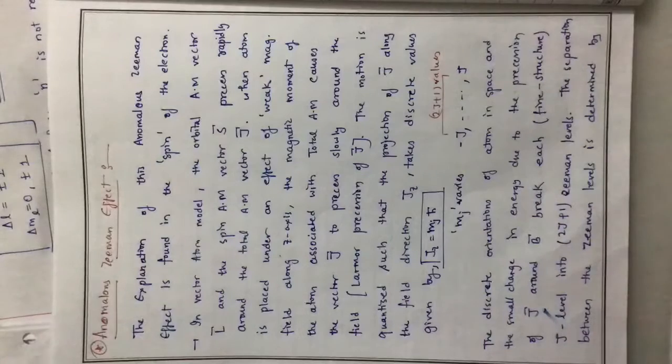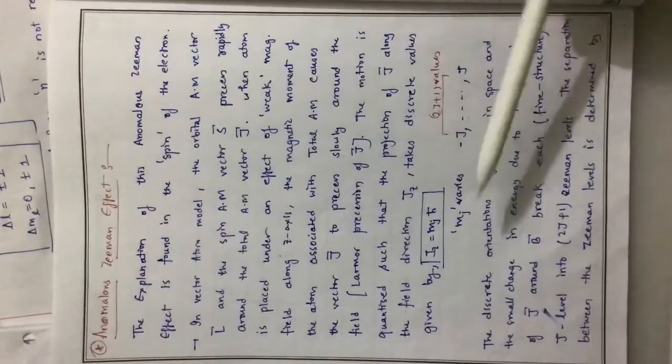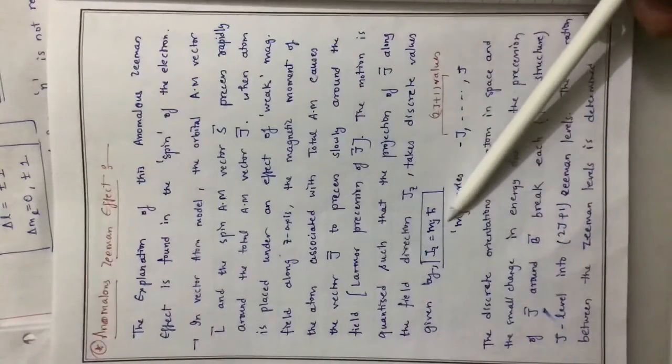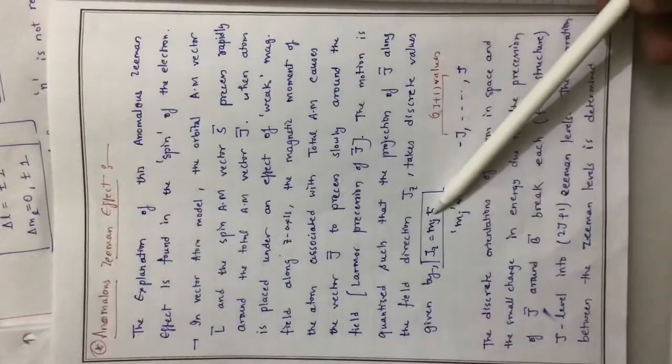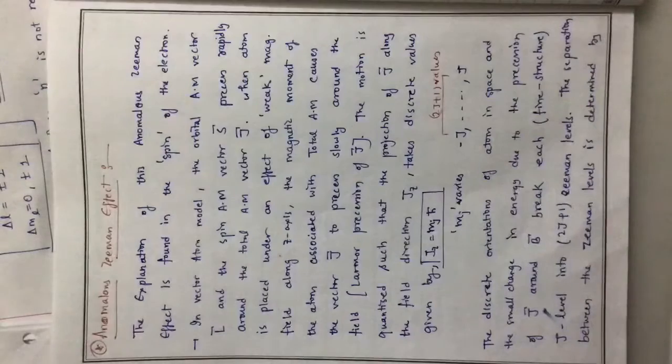The projection of the total angular momentum takes specific values: Jz must be equal to mj h cut, where mj is the total magnetic quantum number. Then this Jz takes some specific values, and this is quite similar.